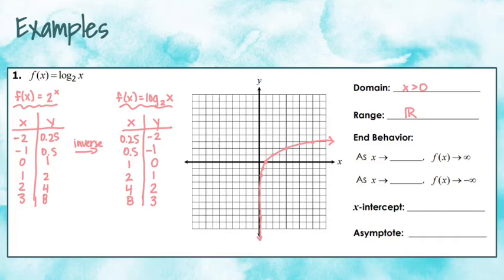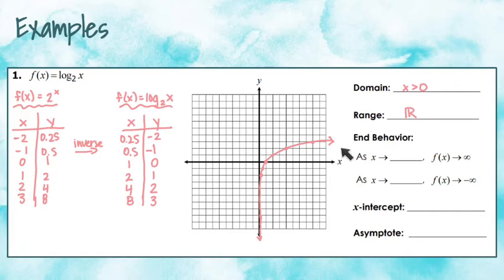You're going to notice too that our end behavior is backwards. It gives us the y values, the f of x, and we have to tell it what x is doing. So this first one is saying that when y, or f of x, is going to positive infinity, so when the graph is going up, is the x value going left or right, or is it approaching a specific number?